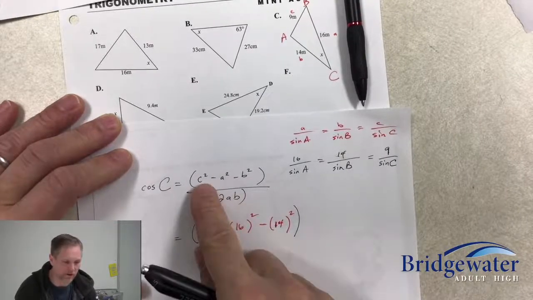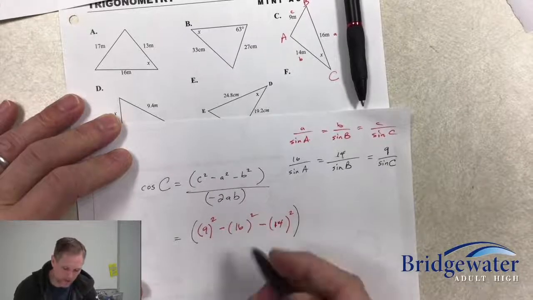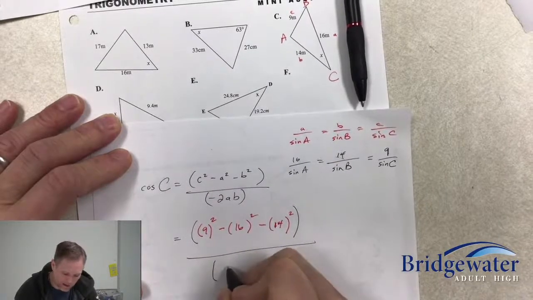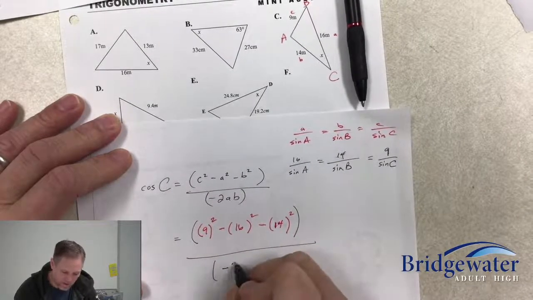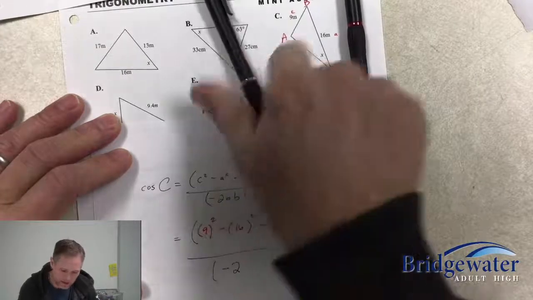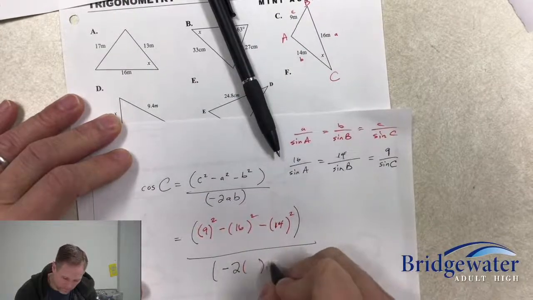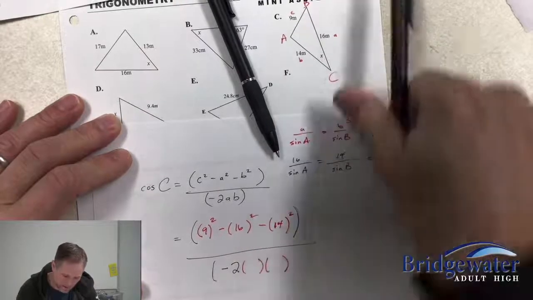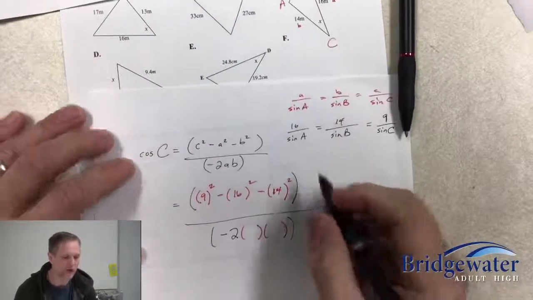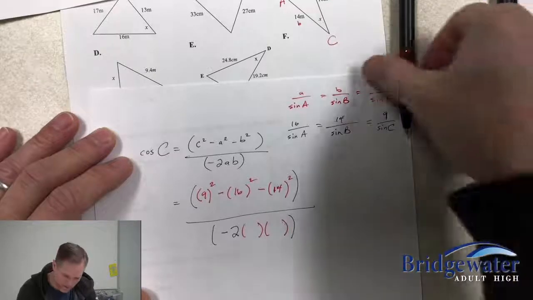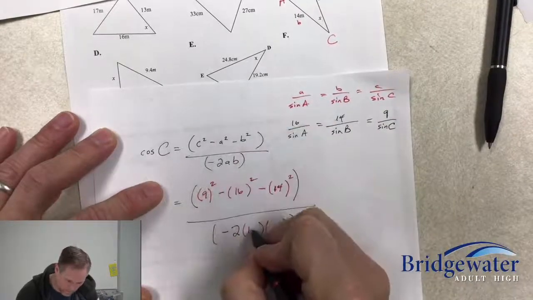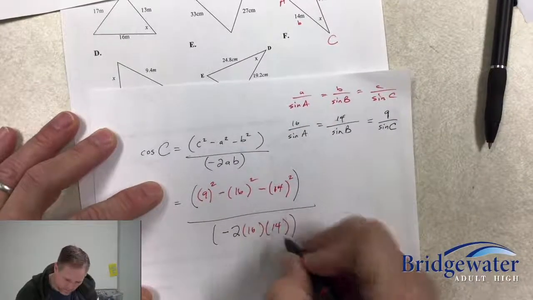So instead of the letter C, I put whatever C is in brackets, and that makes things easier visually. Mine is 9. Then there's my A bracket, there's my B bracket, and then I close that off. The A number is 16, and the B number is 14.